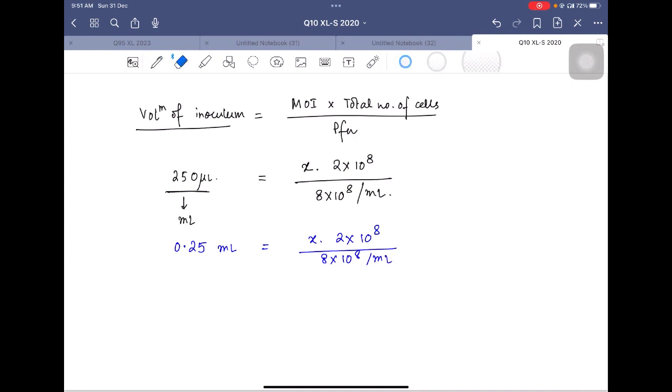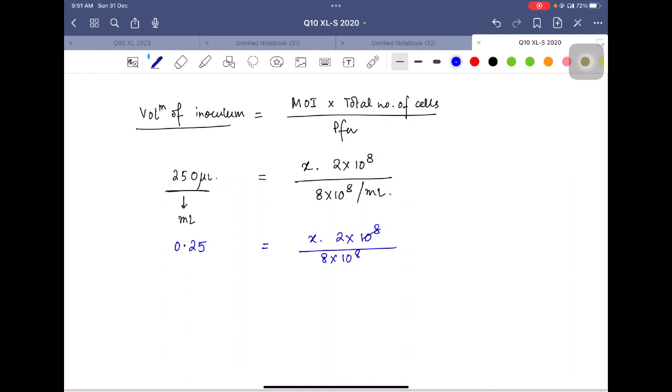For the sake of calculation, we are removing the units for now. Now, 10 to the power 8 and 10 to the power 8 will cancel, and this will give us 4. So we get 0.25 equals x by 4, or x equals 4 into 0.25, which is 1.